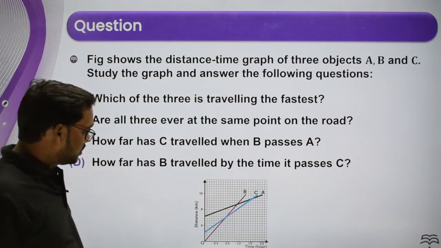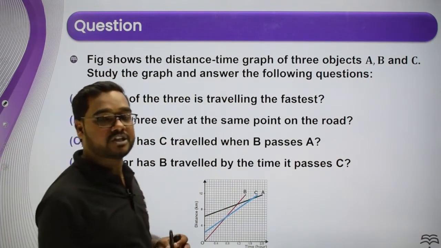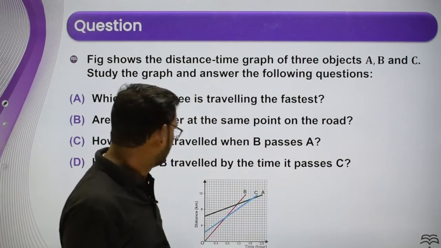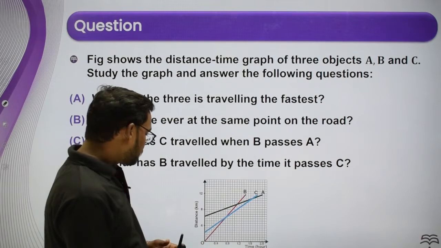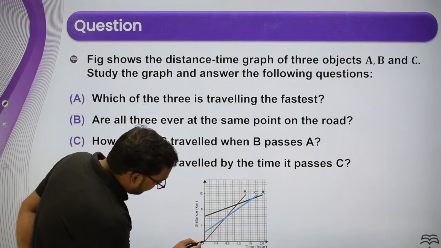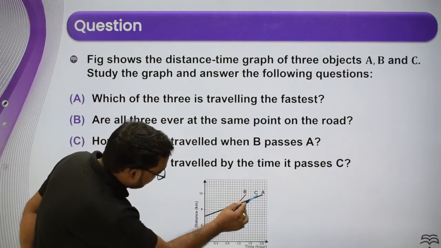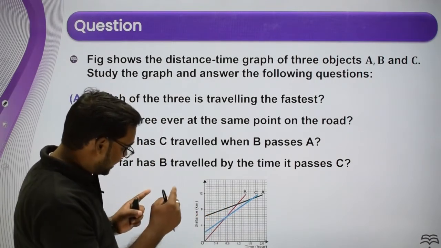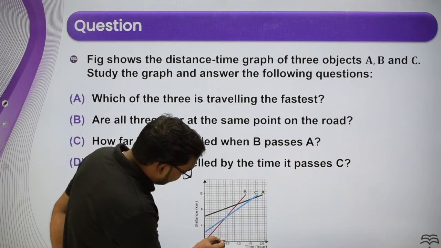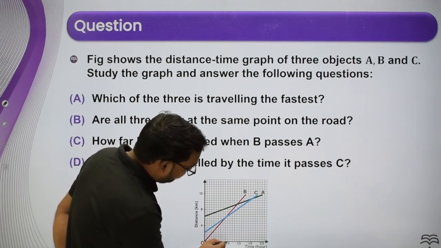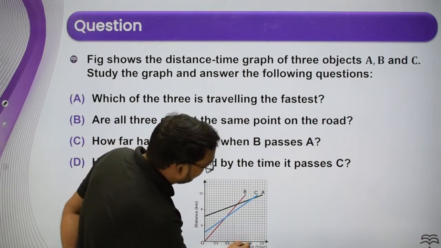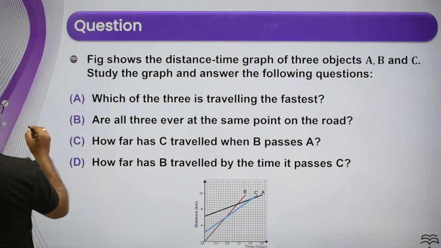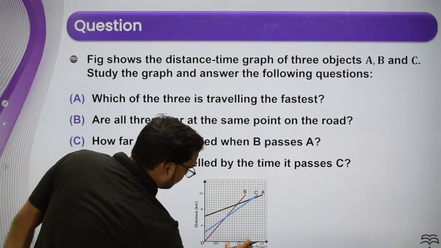Now how to solve it? From the definition you know that speed is the total distance covered by the particle divided by the total time taken by the particle. So you can calculate from that. But you can see over here that the initial positions of A, B and C are different. So you need to take two time instants. You may take t equal to t1 0.8 and t equal to t2 1.6, and calculate the time difference of this interval.